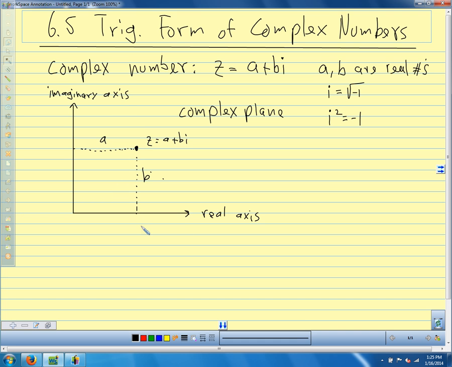And this will give us several benefits. Several nice things come out of thinking of complex numbers this way. So we have our complex plane. We can plot our complex numbers on the complex plane.